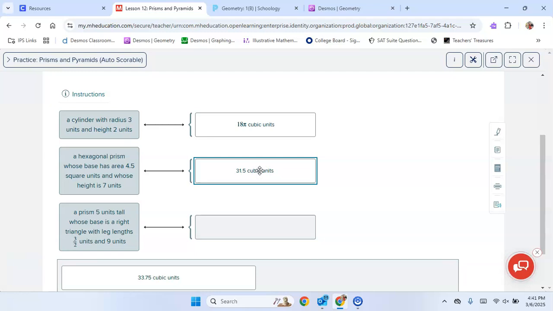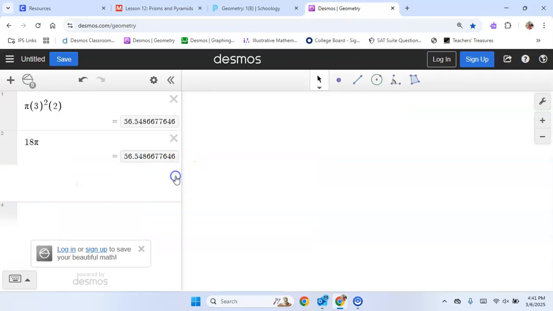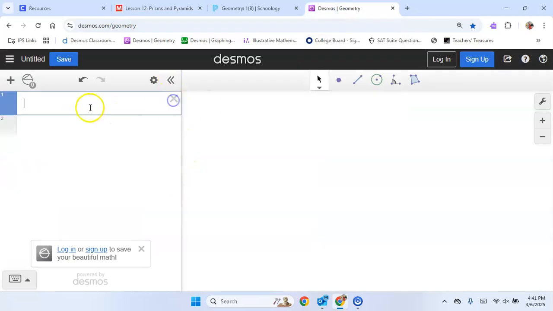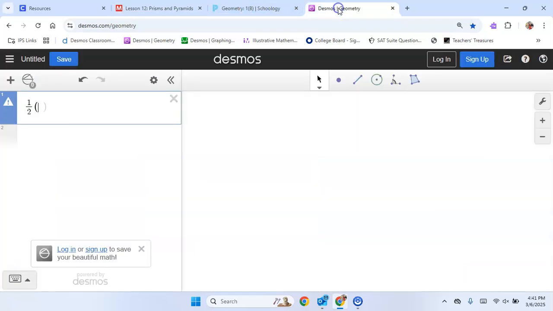A prism 5 units tall whose base is a right triangle with leg lengths 3/2 units and 9 units. So it would be area of the base, which is a triangle, 1/2 times base times height. That would be 3/2 and 9.